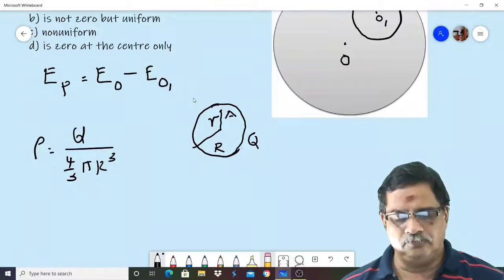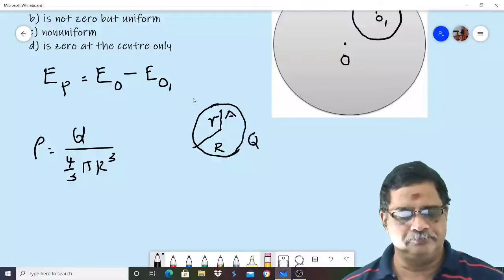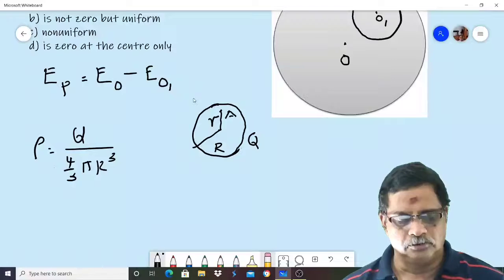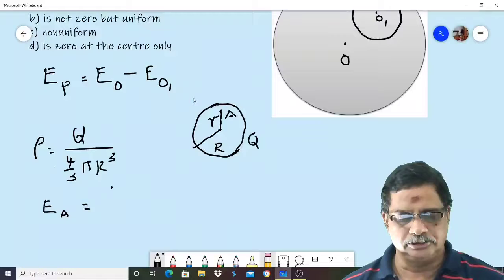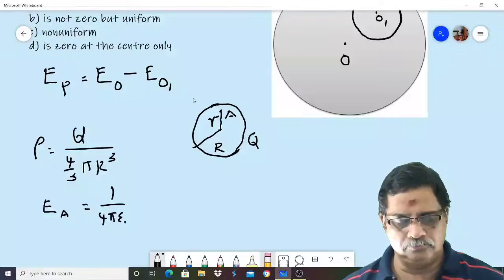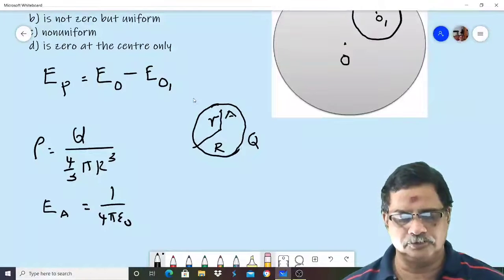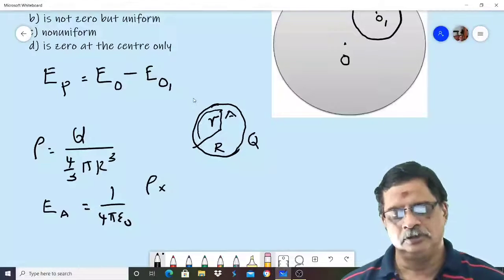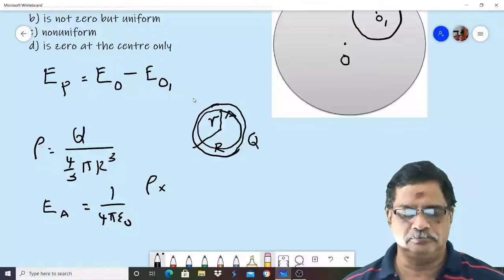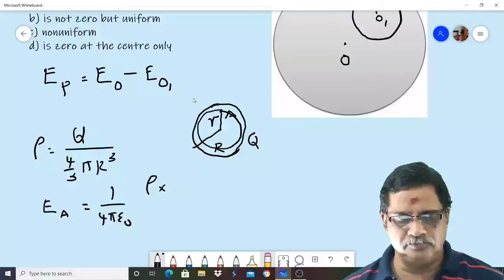So now I want to find the electric field at A. For that I will write the electric field at A as 1 by 4 pi epsilon 0 into charge density into the volume of that sphere which we are going to construct, and the radius of that sphere should be r, because we are going to find the electric field at A. So I have constructed a sphere whose radius is r, into the volume of that sphere, which is 4 by 3 pi r cube, divided by r square.